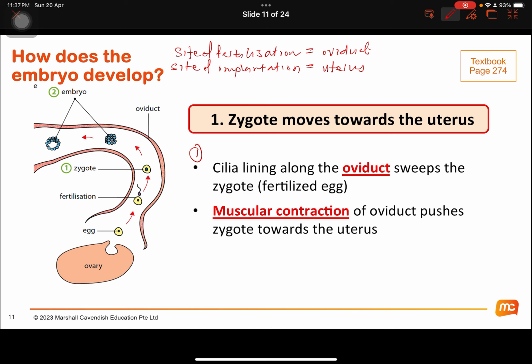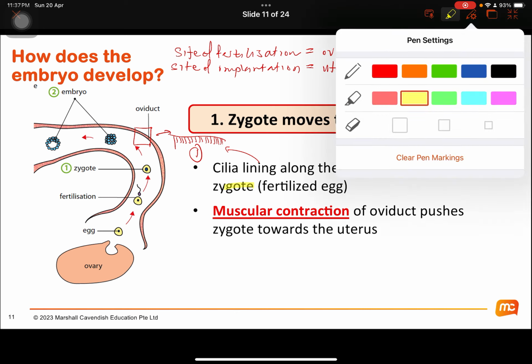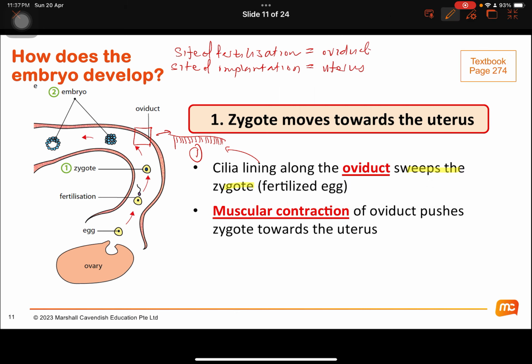There are two mechanisms that help the zygote to move towards the uterus. Number one, the ciliary lining along the oviduct. If I were to zoom in into the oviduct, the lining is actually made up of hair-like projections, the ciliary lining. It acts like a sweep that will sweep the zygote towards the uterus. So where else can we find ciliary lining?